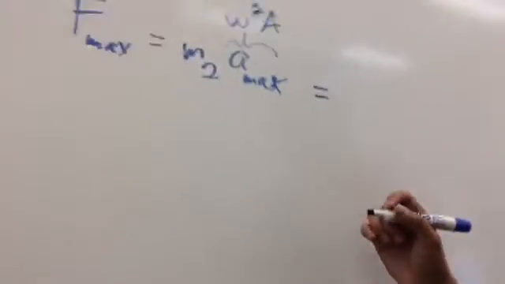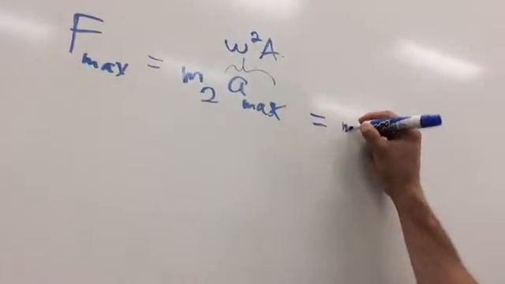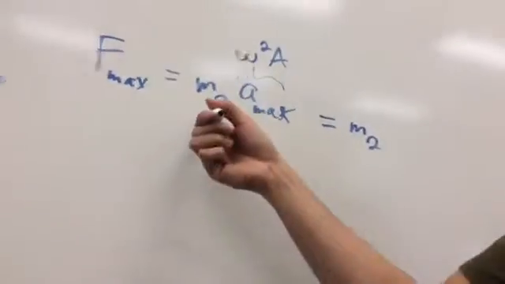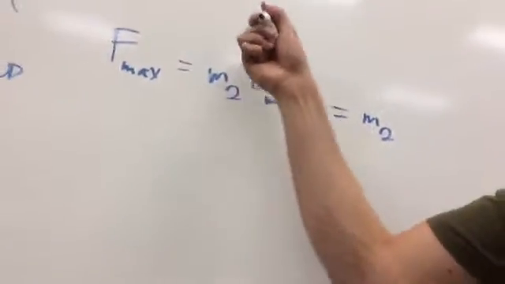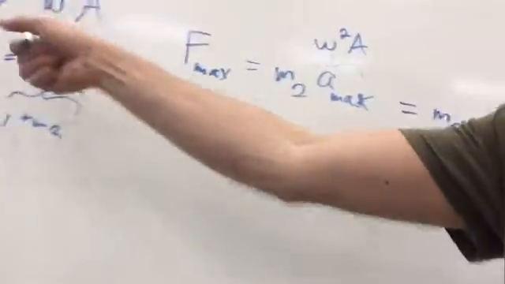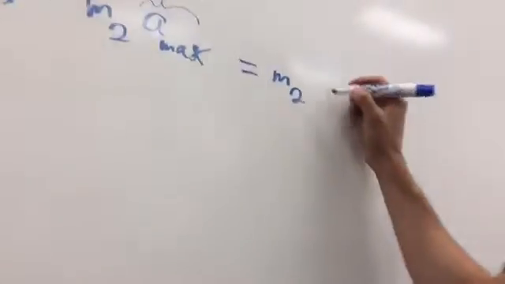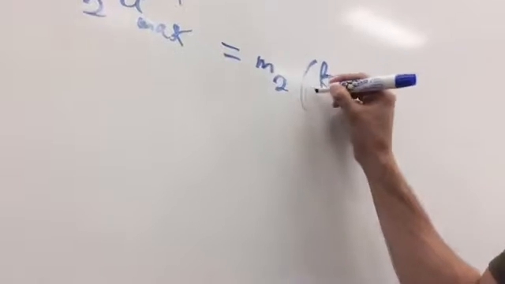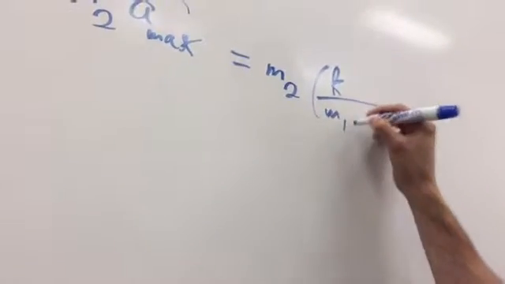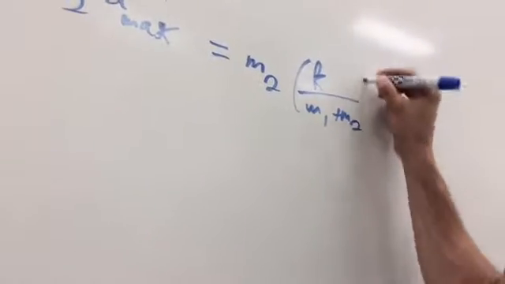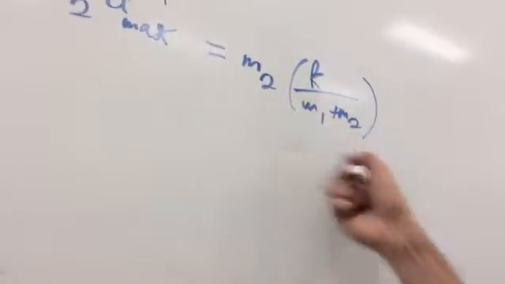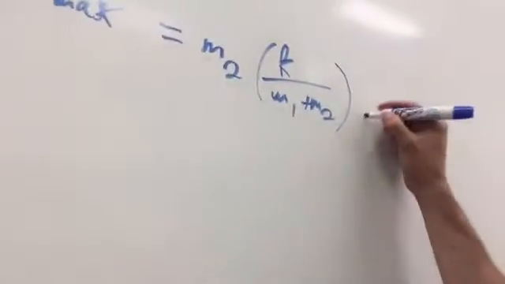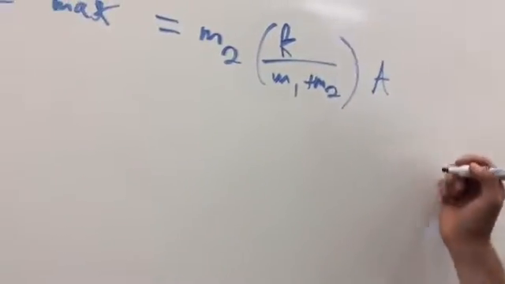So we can rewrite it as mass 2 times the acceleration, but as omega is squared, the square root is cancelled, so we will have the constant over both masses, because we said it's the whole system, times the amplitude.